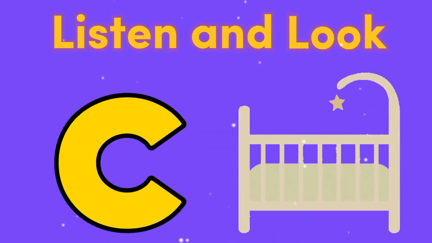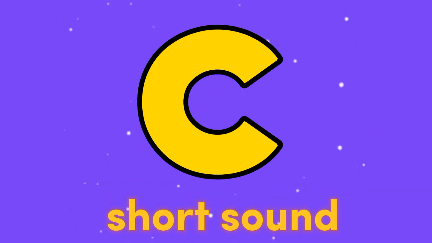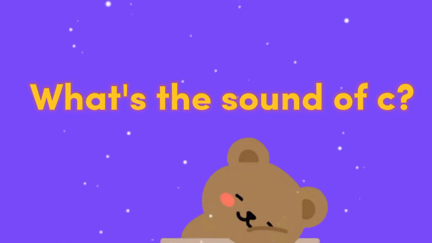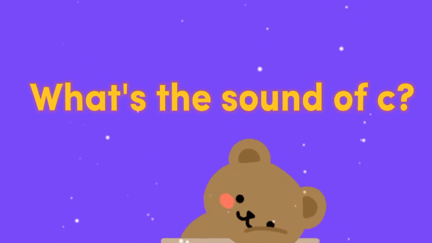So, let's listen to the sound and look at the pictures closely. The letter C. The short sound of C. Look at the letter C. Now, what's the sound of C?